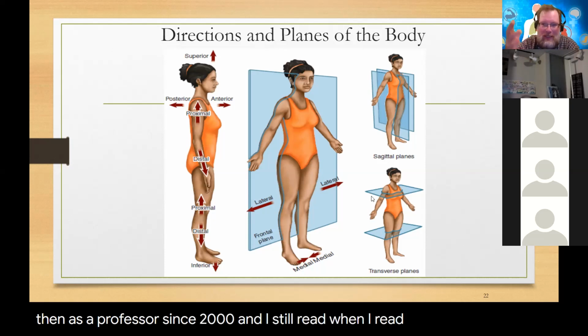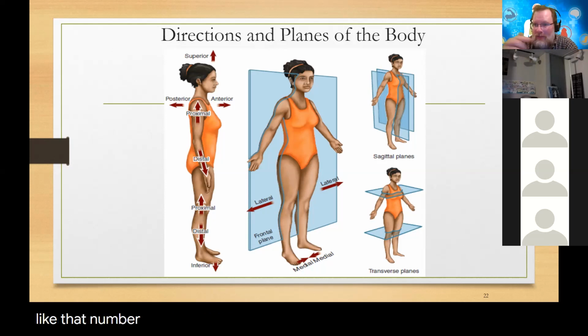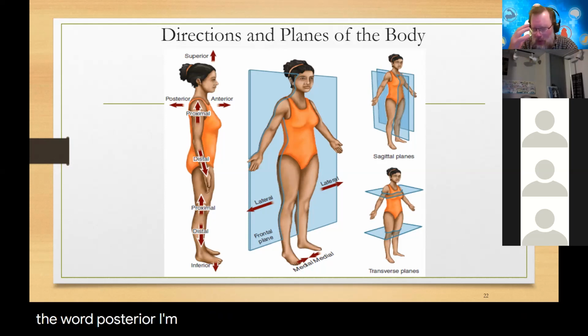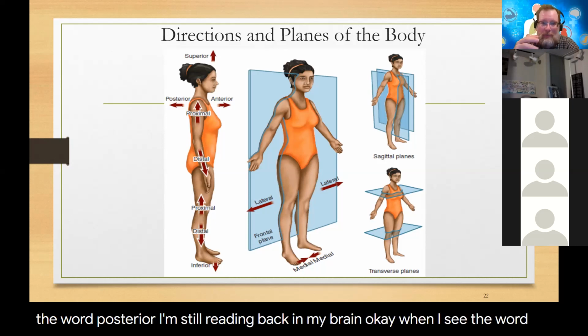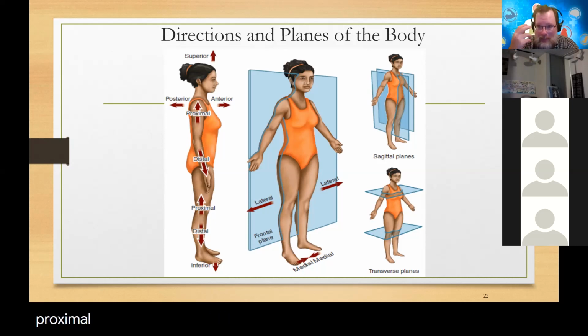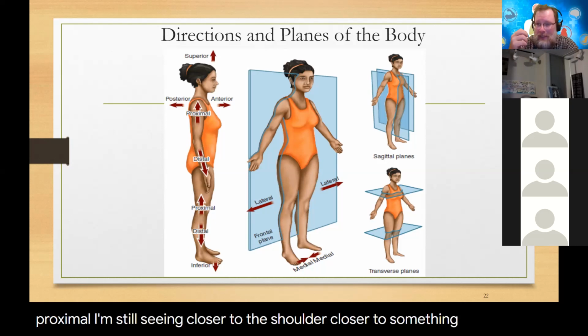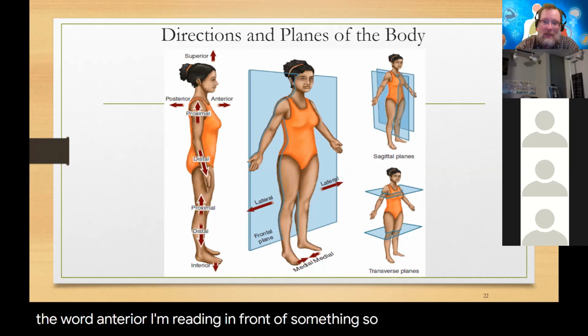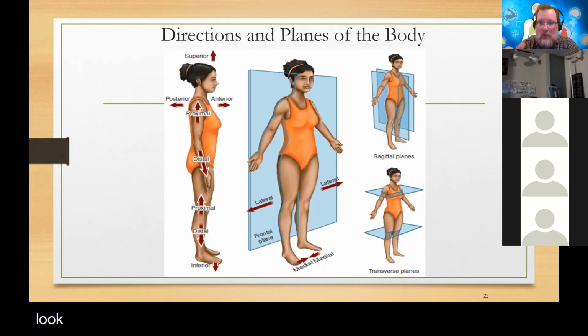When I read case studies, or that number 15 that we just looked at regarding the stab wound, when I see the word posterior, I'm still reading back in my brain. When I see the word proximal, I'm still seeing closer to the shoulder or closer to something. When I see the word anterior, I'm reading in front of something. So that's basically how you'll approach these.